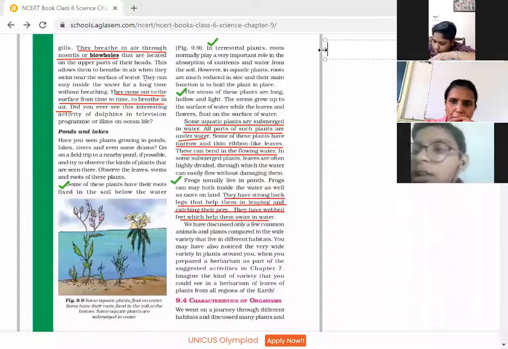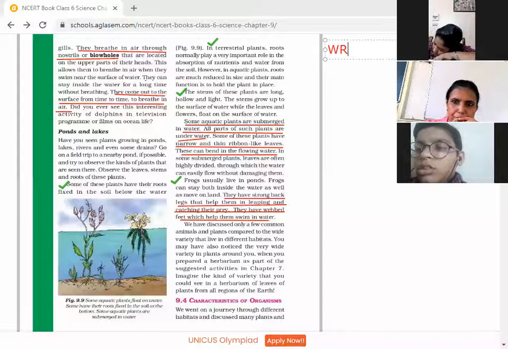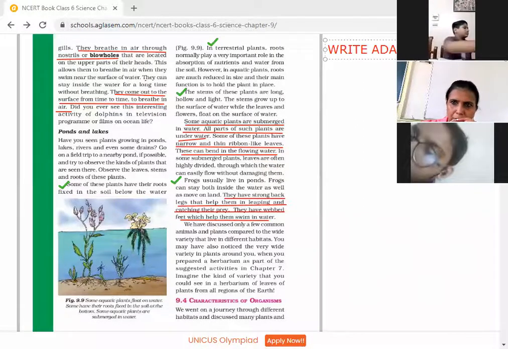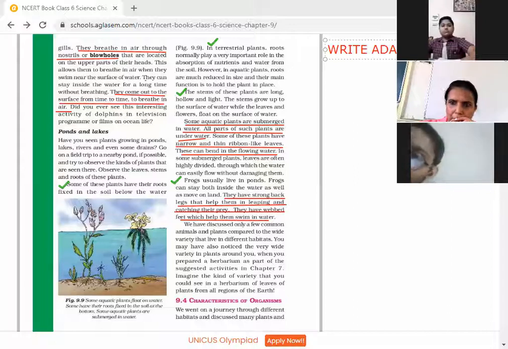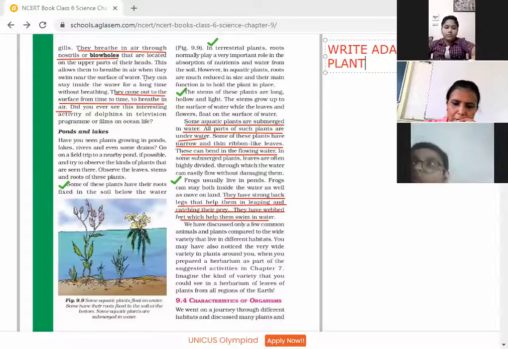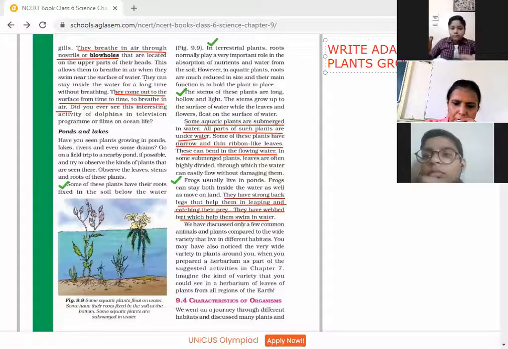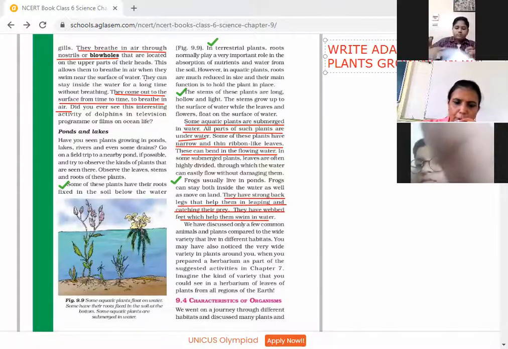Write down the adaptations of plants growing in water.